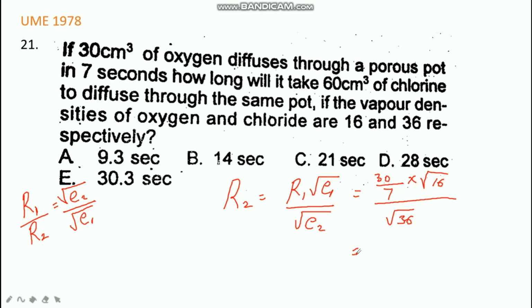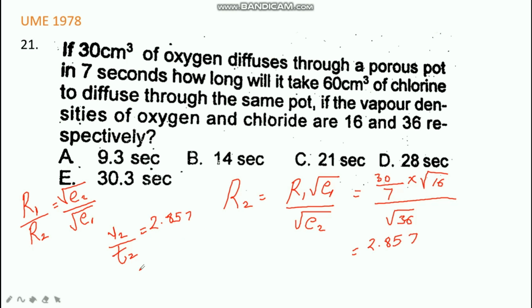Using my calculator, I've got 30 divided by 7, that will be 4.286, times the square root of 16, that is 4, divided by the square root of 36, which is 6, and that will result in 2.857. Since this is the rate of the second one, that implies that V sub 2 divided by T sub 2 is going to be equal to 2.857, taking it to 3 decimal places.